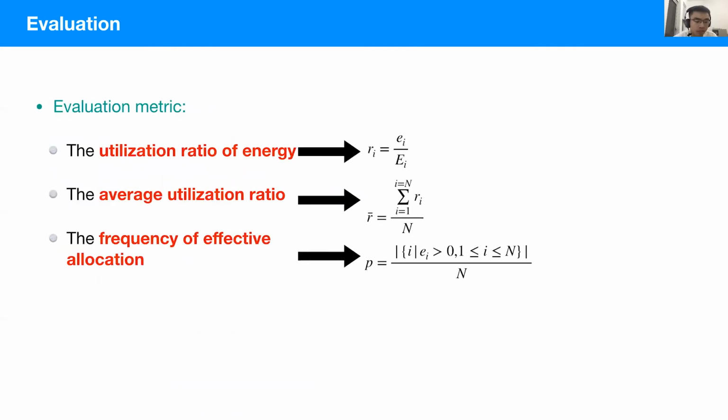Then we define the evaluation metrics, which include the utilization ratio of energy, the average utilization ratio, and the frequency of effective allocation.